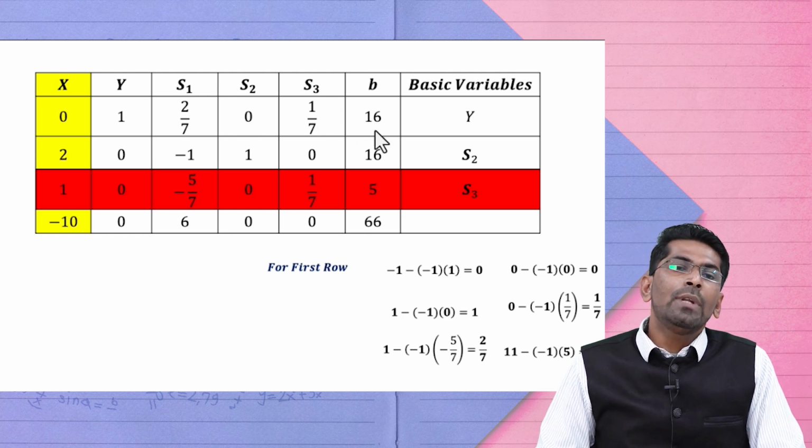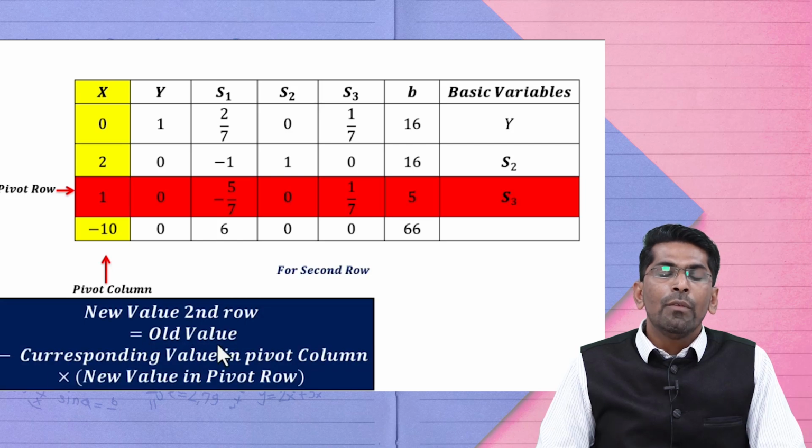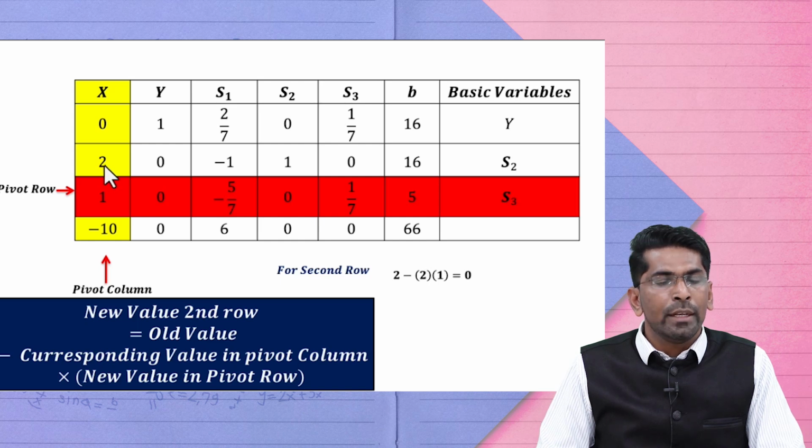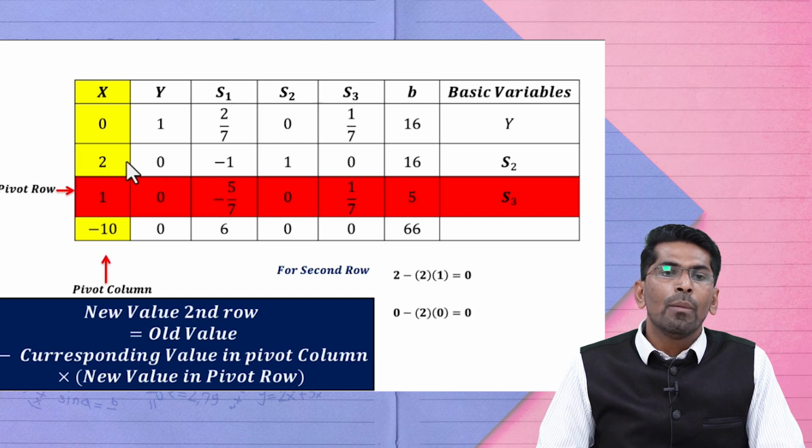Now again we are going to find the new values for the second row. Here we are using the same formula: old value minus the corresponding value in the pivot column into the new value in the pivot row. So the old value is 2, minus the corresponding value in the pivot column, which is also 2, because this is the pivot column, into the new value in the pivot row, which is equal to 1. So 2 minus 2 into 1 is equal to 0. Similarly, the second, 0 minus 2 into 0, is 0.